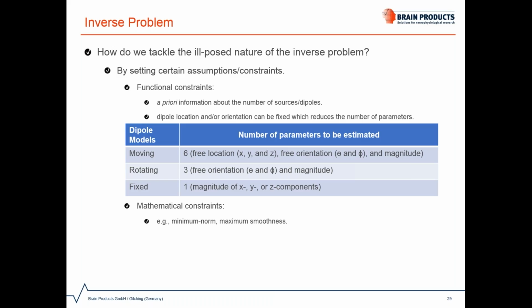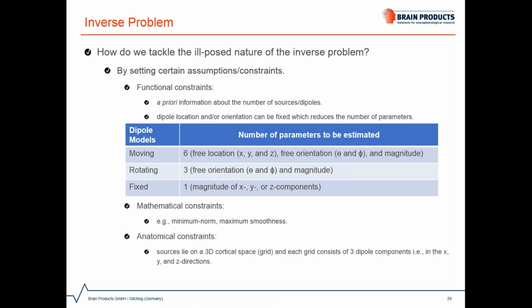Another example is maximum smoothness that can be imposed as an additional constraint to the source distribution that expresses smoothness in the source distribution. So, searching for the maximum smoothness solution from all the possible solutions is another constraint that warrants a unique solution.